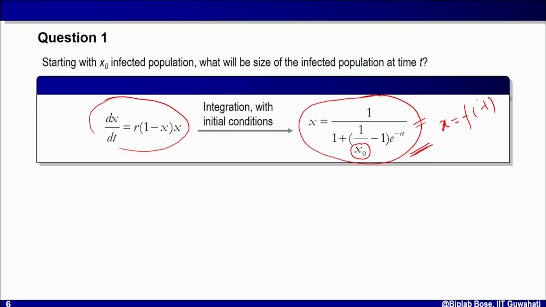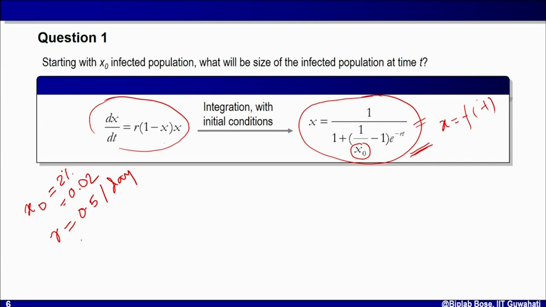The first question was: suppose the initial population infected, x naught, is 2%. So that means it is equal to 0.02. Suppose r, the rate constant for spread of the disease, is 0.5 per day.